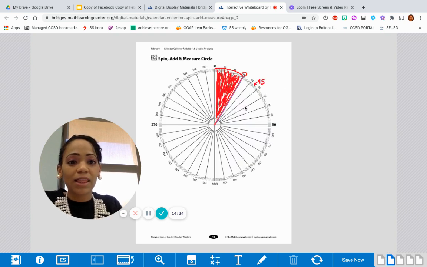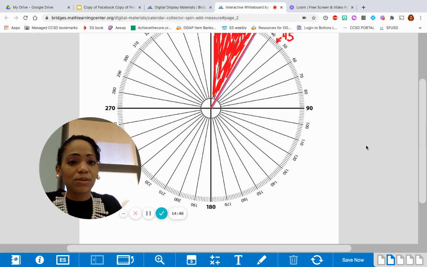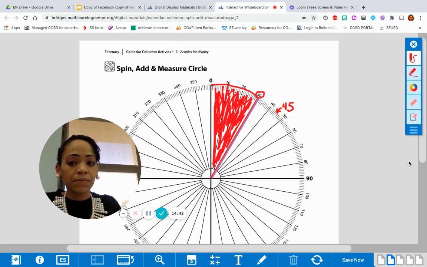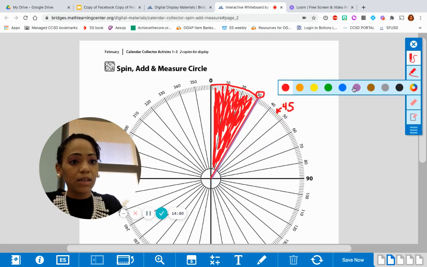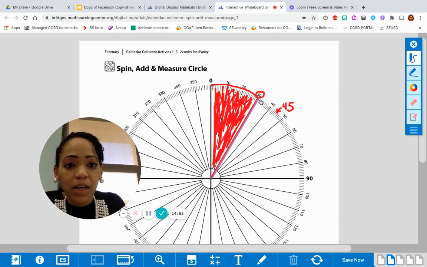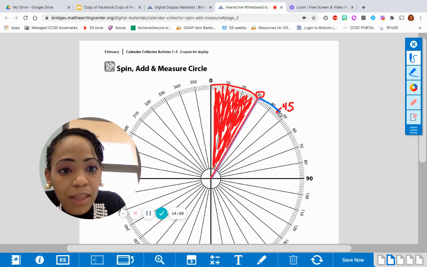So yesterday I was at 31. So you tell me, what's 31 plus 15? 31 plus 10 is 41, plus 5 is 46. So here's what I need to do. I'm going to change my color, maybe blue, and I am going to draw my arc to 46 degrees, right past my 45th line.